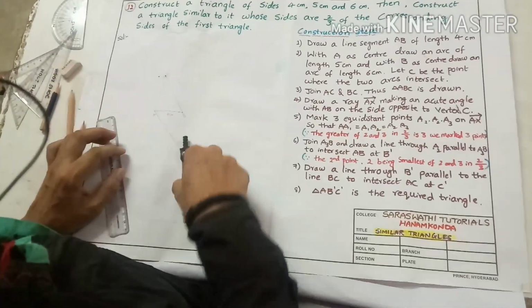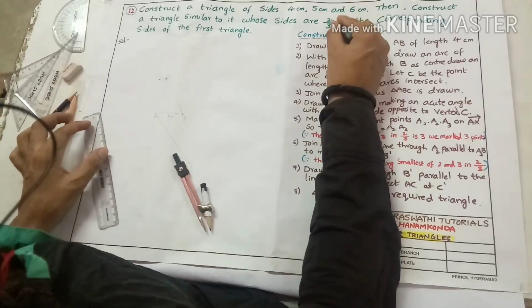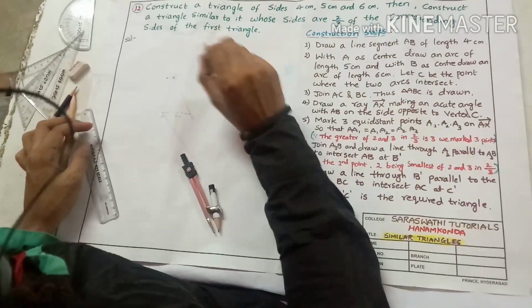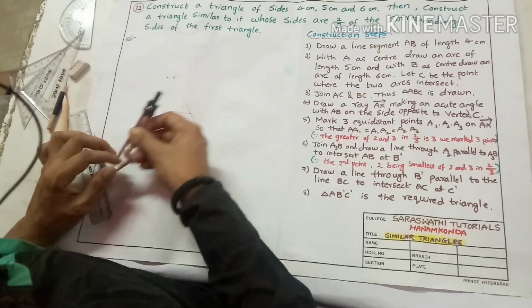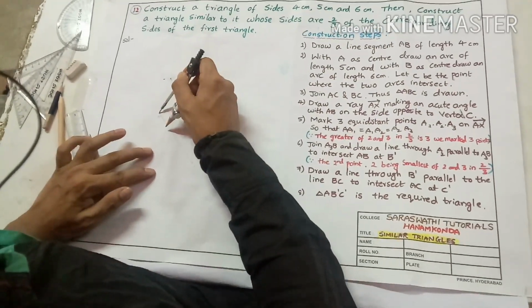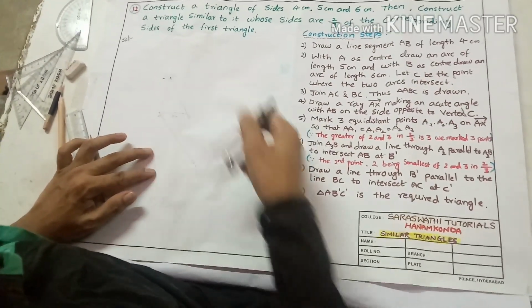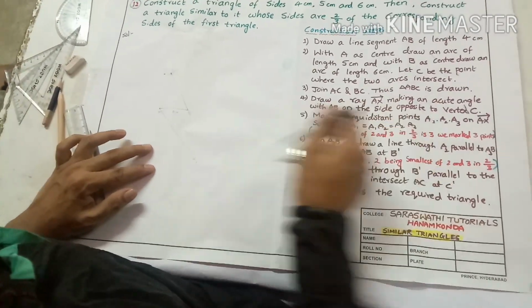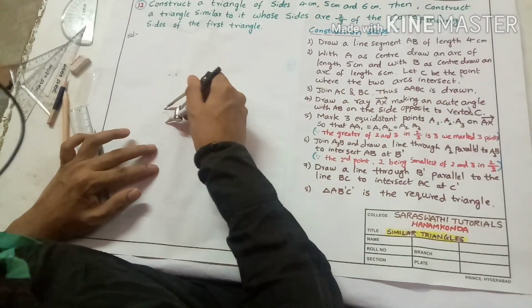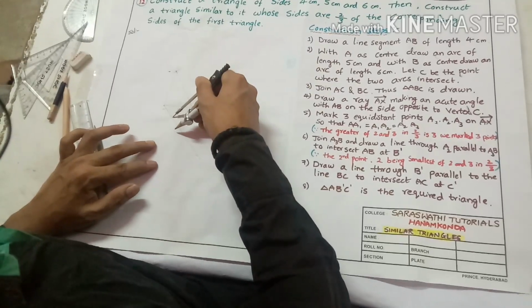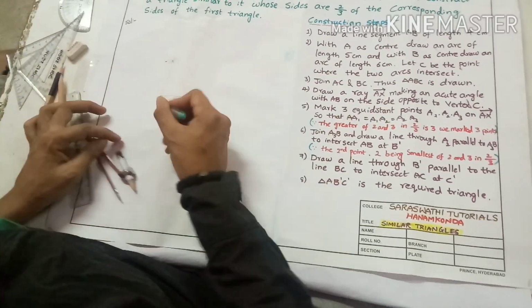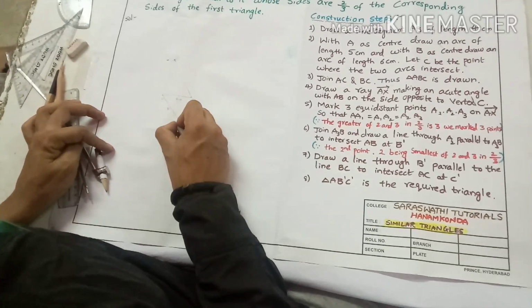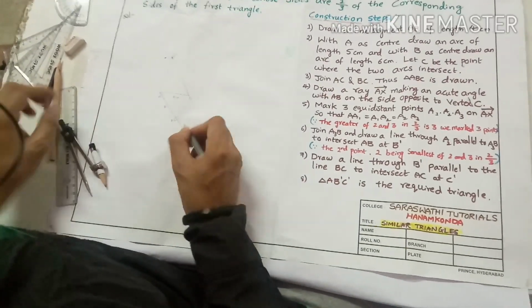Since the question mentions 2/3 of the corresponding sides of the first triangle, the greater value is 3. We mark 3 equidistant points A1, A2, A3 on ray AX.